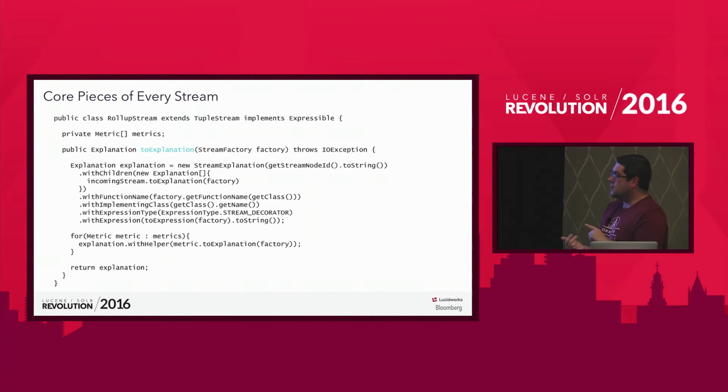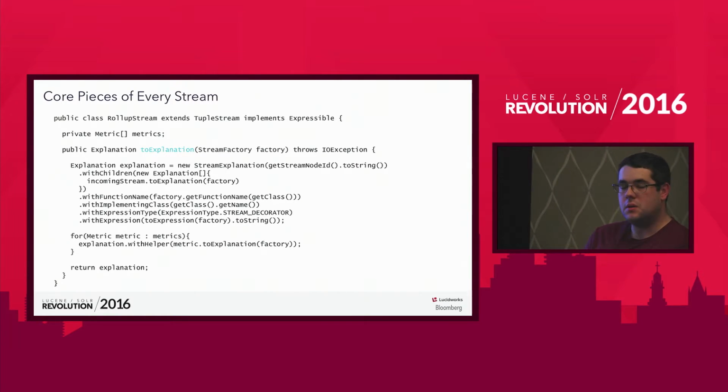And then we're going to give it the name that's associated with this stream, the function name. We're going to tell it what class implements this, because that can be useful on the admin page. If somebody is renaming functions to different classes, you can tell them, you're using the rollup stream class and not my rollup stream class, which is the one you're expecting, which could indicate to them that they've done some mapping incorrectly.